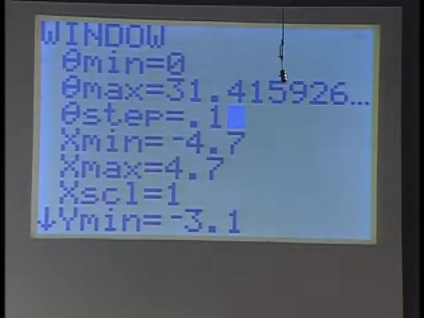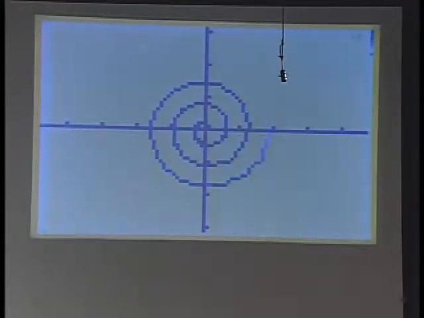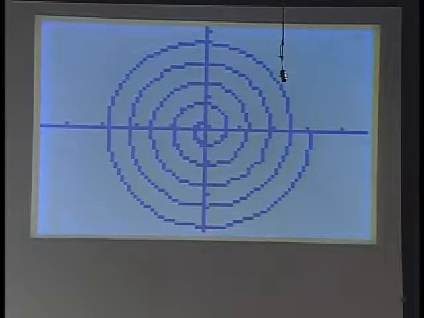Okay? Here comes the pretty picture. Oh, very exciting. 2 times around, 3 times around. Isn't that neat? Do you observe the equal spacing as you move out radially? Along any radial line you see equal spacing. That's because of the linear behavior of the changing radius.